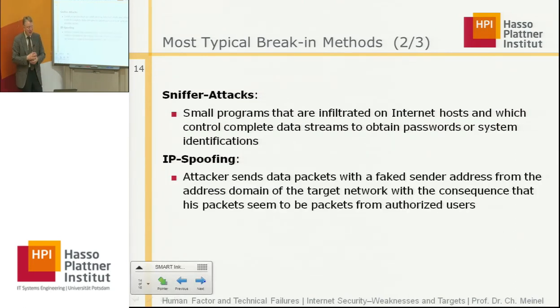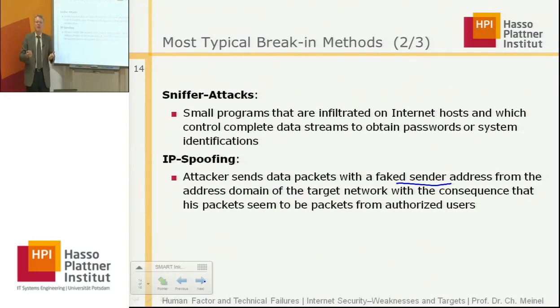IP spoofing is another typical break-in method. So the attacker sends packets with a faked sender address from the address domain of the target network. So if such a message comes, often firewall systems only look where the message was sent from, and then they see, oh, it comes from our own network.